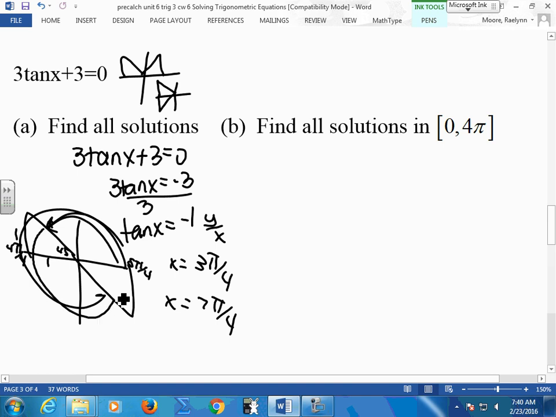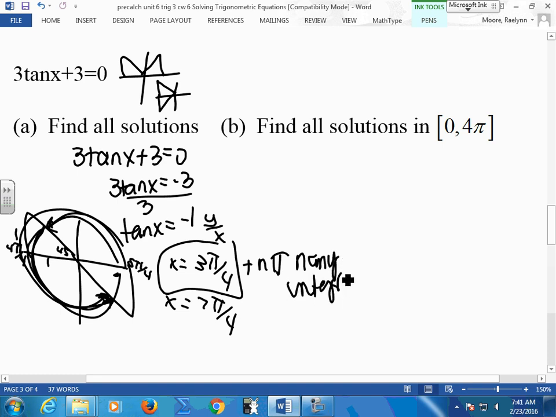Because isn't this just a half a circle from here to here? Isn't this just half of a circle to get there, to the other terminal side? So if it's opposite quadrants, all you have to do is add pi. But take the smallest angle and add n pi, where n is any integer.